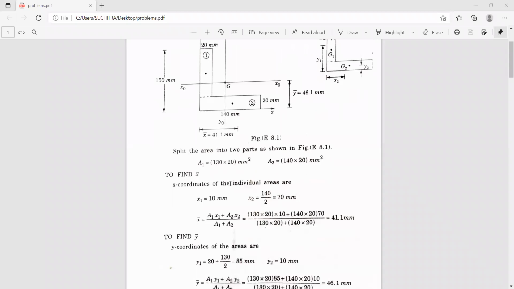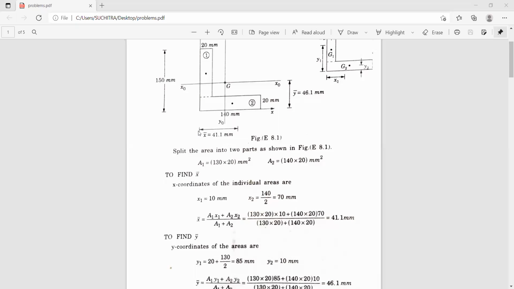So A1 is 130 into 20 multiplied by x1, x1 is 10 millimeters. Similarly, A2 is 140 into 20 multiplied by x2, which is 70. So this whole divided by A1 plus A2 works out to be 41.1 millimeters.